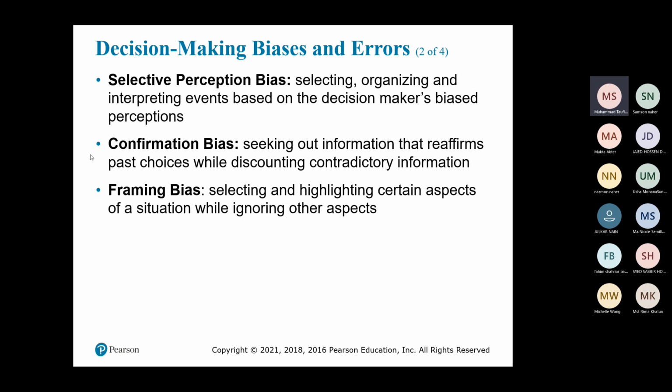And then confirmation bias: seeking out information that reaffirms past choices while discounting contradictory information. Confirmation bias means that you have one problem, and when you study it, you see that this problem is very similar to what you already encountered before.